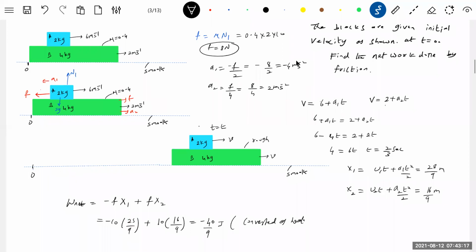Final answer: minus 120. 120 only. Converted as heat at the surfaces of the blocks.